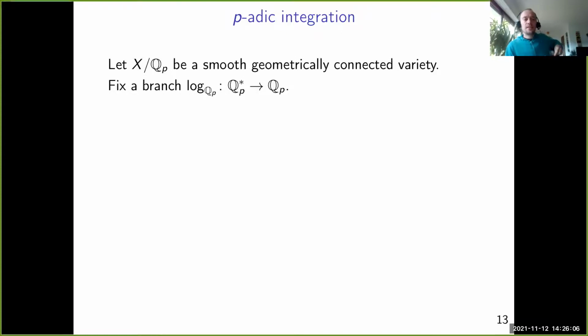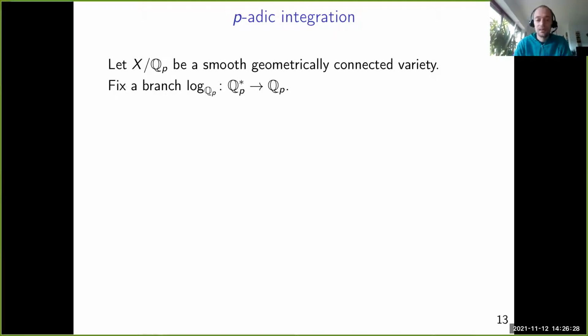Right, so from now on, for the rest of this part of the talk, until I say otherwise, X is going to be a smooth and geometrically connected variety over QP. I will fix a branch of the P-adic logarithm, because the integrals I will talk about, and several notions I will define, will actually depend on the choice of this branch.